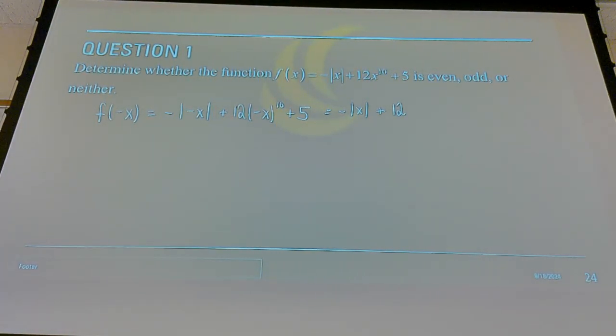Is that the original function? Which means it's even.